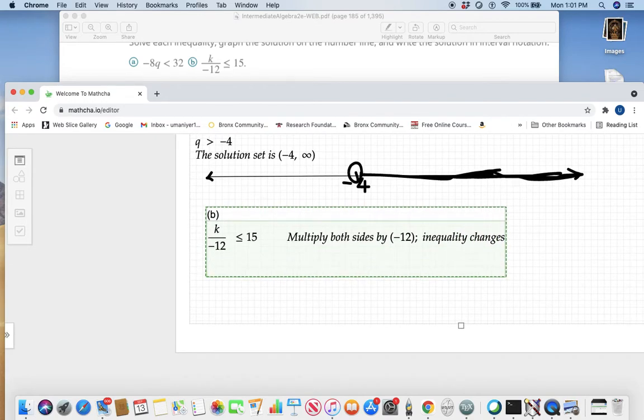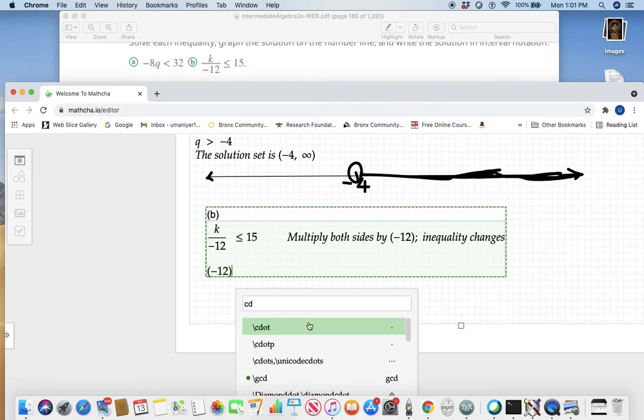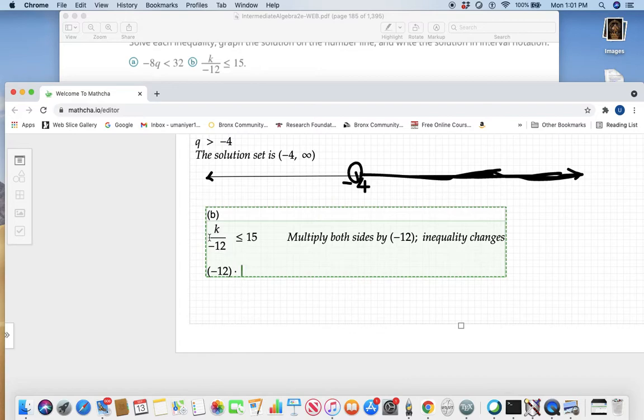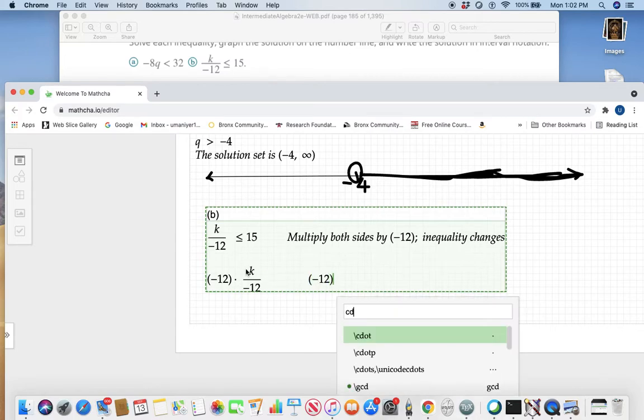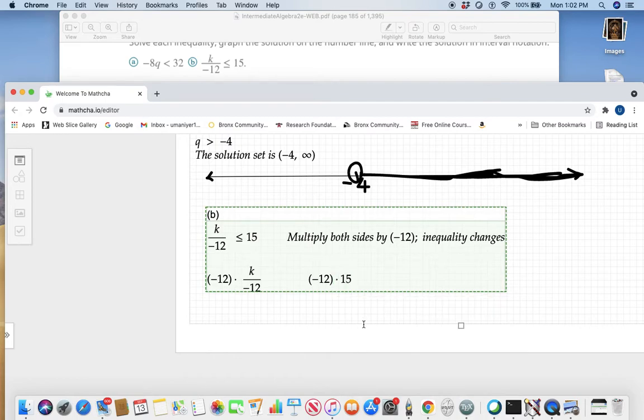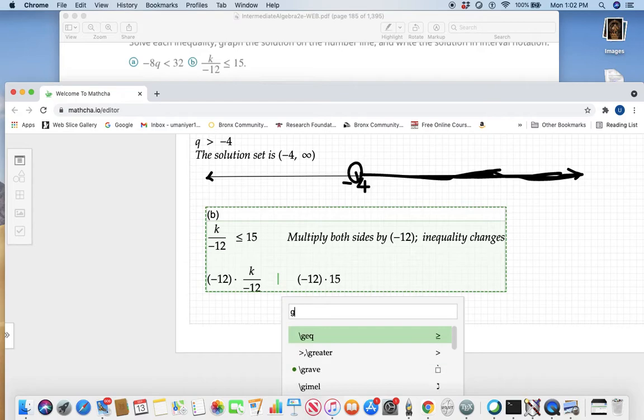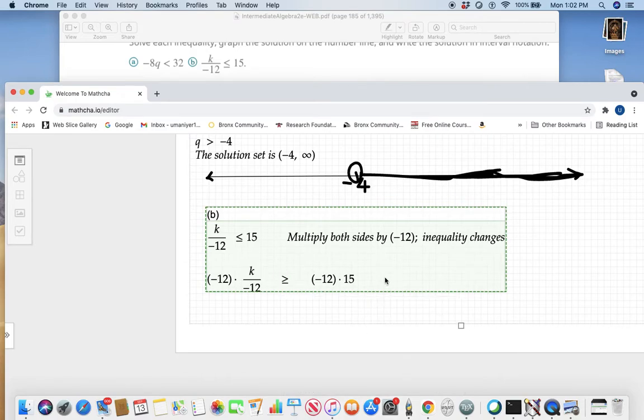Alright, so negative 12 multiplies the left hand side and negative 12 multiplies the right hand side. The inequality changes from less or equals to greater or equals.